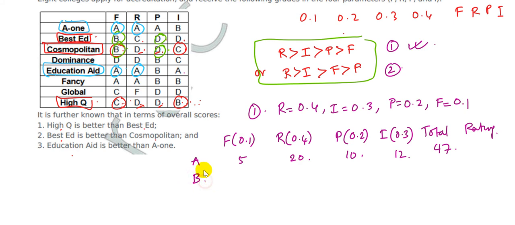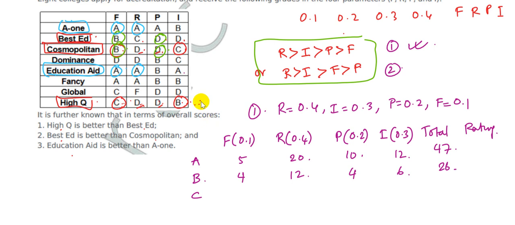B will be B into 0.1, that is 40 into 0.1, which is 4. C into, that is 30 into 0.4, that's 12. D into 0.2, that is 20 into 0.2 is 4, and 20 into 0.3 is 6. So the total will be 12 plus 8, 20, and 6, 26.